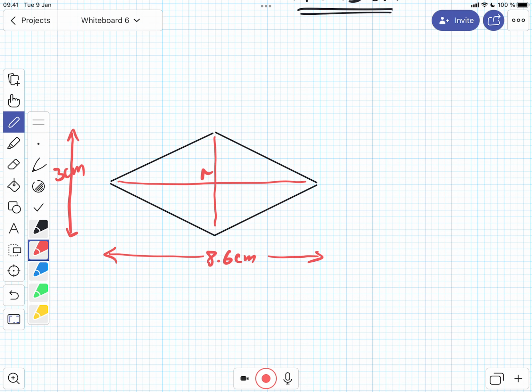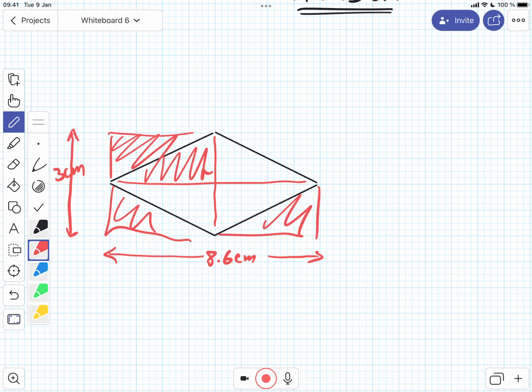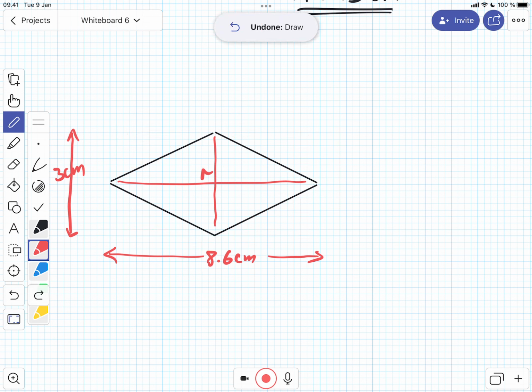Now, if you look at it this way, divided up into triangles, as I've done, you could imagine there being similar triangles on the other side of that, and then the whole thing taking up the space of a rectangle. And it would be easy to calculate the rectangle as 8.6 times 3. Well, this diamond shape is just half of that.